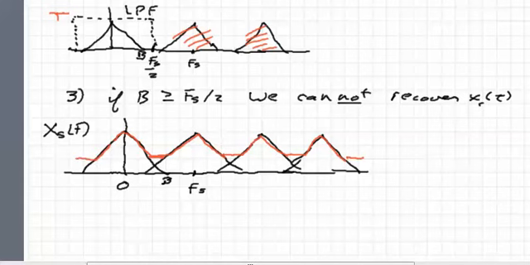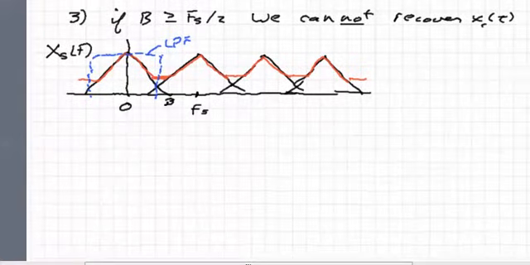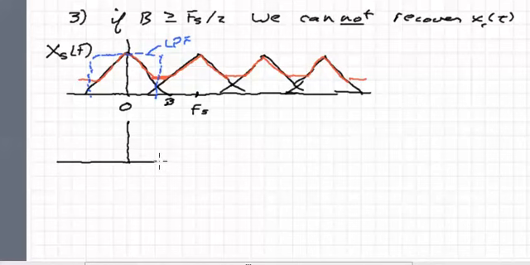If I apply a low pass filter to this at the folding frequency, there's the folding frequency, so now this is my low pass filter, what we're going to get is something that doesn't look so good. We're going to get something that comes down and then goes over like that and then comes down like that.